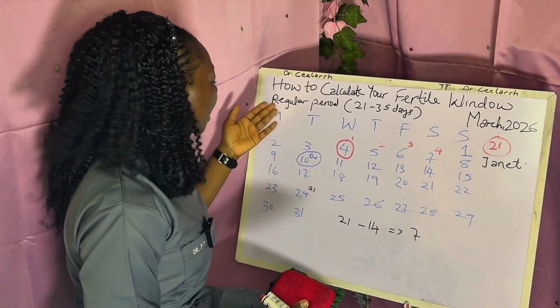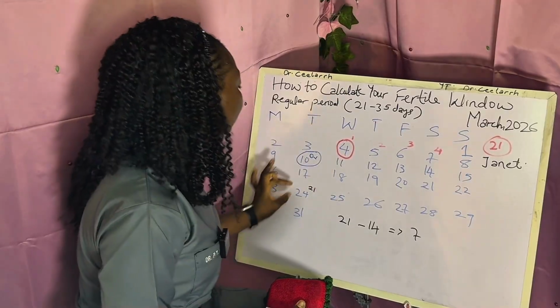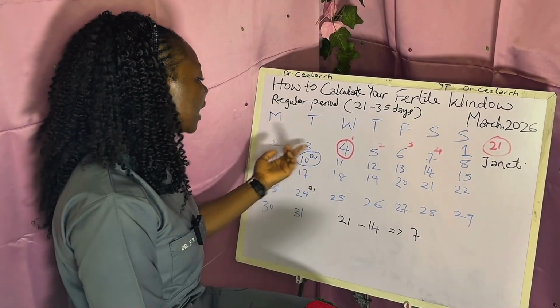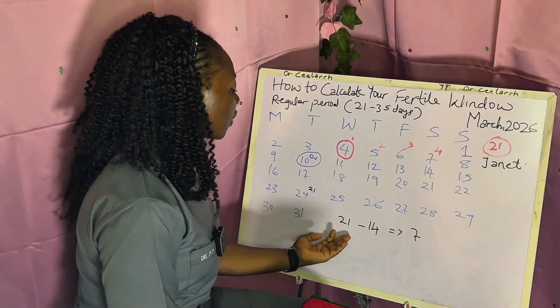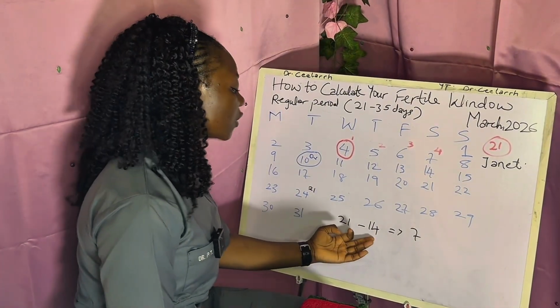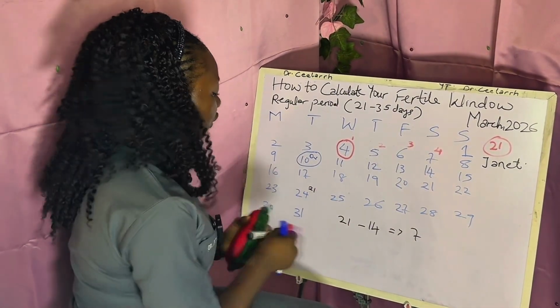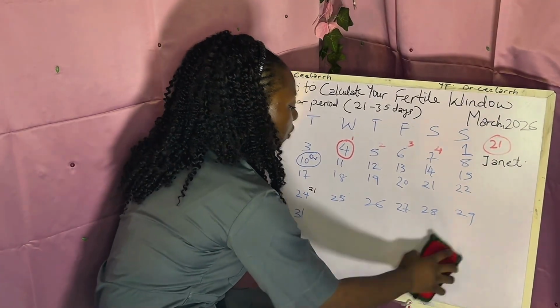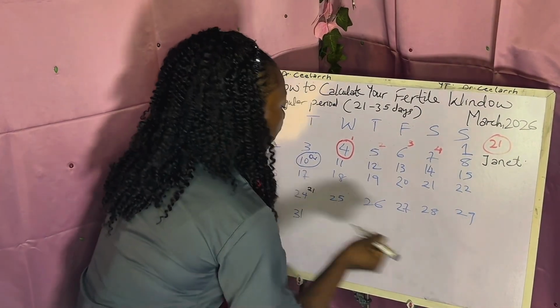Yes, because we calculated 14 complete days before the beginning of her next cycle. We said that's when she's likely to ovulate. And when we calculated 21, which is the cycle length, minus 14, it gave us 7. So let me just rewrite this formula down here so that we can easily always go back to it.